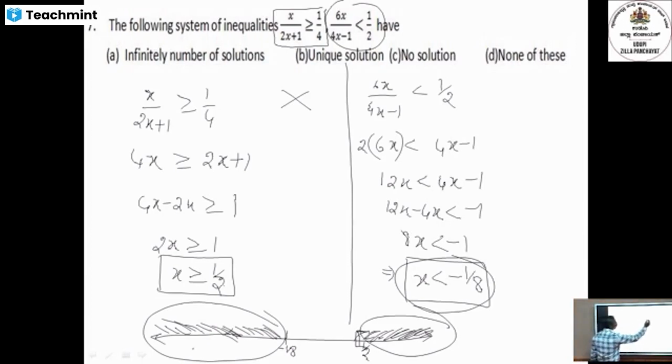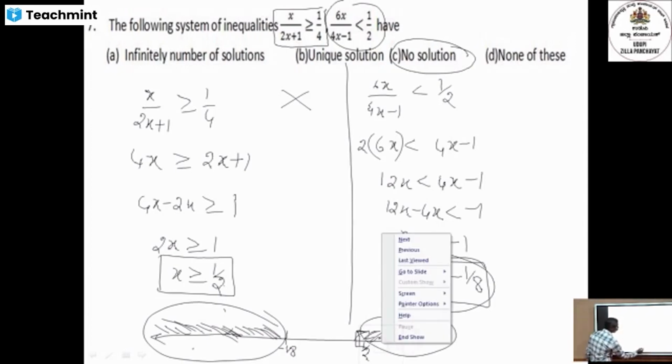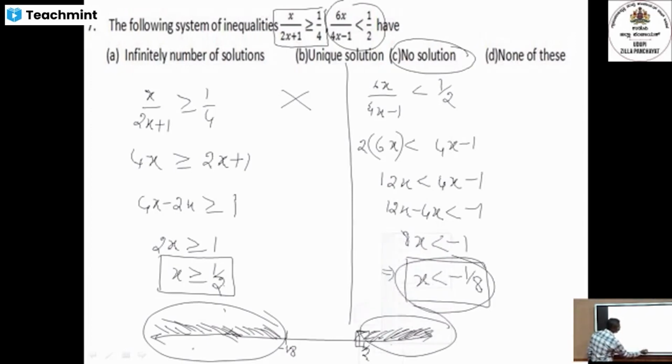So no solution is the correct answer, because the values that satisfy one inequality do not satisfy the other. So there is no common solution for both inequalities. Therefore there is no solution.